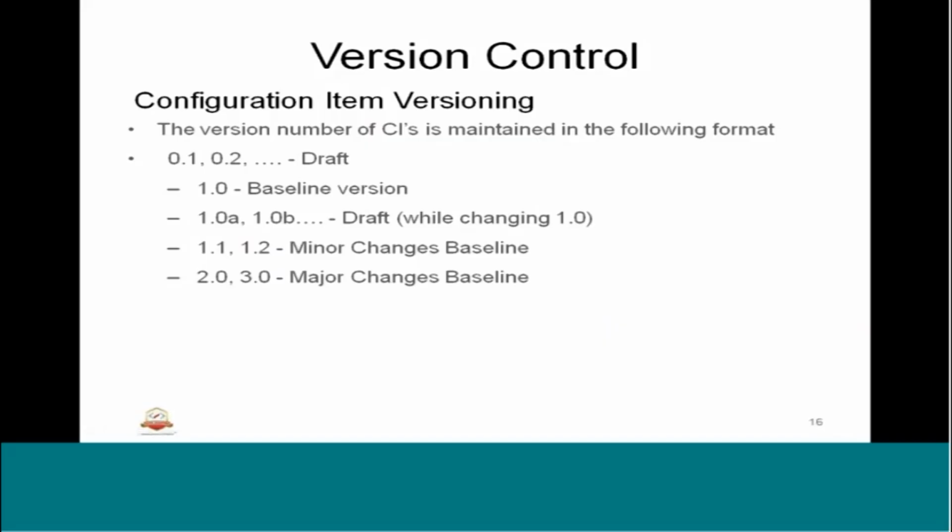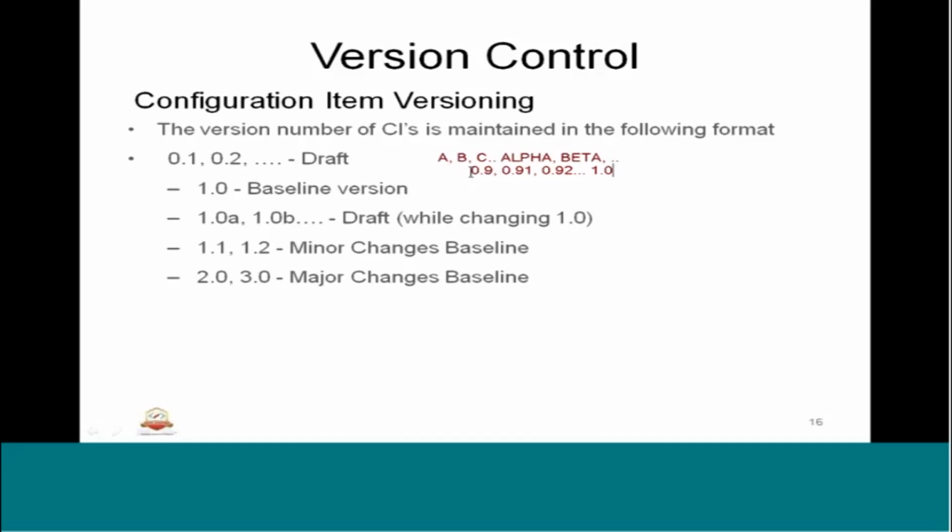In general, draft versions will have 0.01, 0.02 or 0.2, or it can have something like A, B, C, or alpha, beta, theta, whatever it could be. So basically it is identified with, for example, 0.1, 0.2, etc., till it becomes matured and complete. It will be flowing like this. So you may argue, after 0.9 what will I do? You can easily go with 0.91, 0.92, etc., till it reaches 1.0.